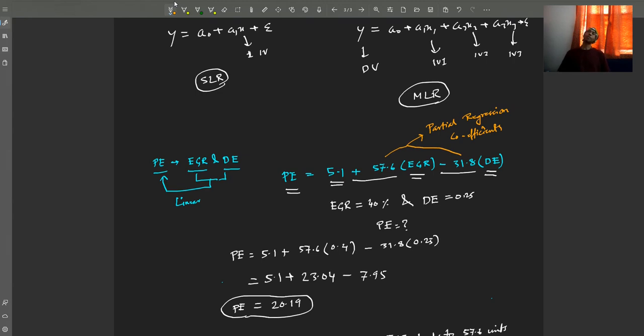If there were 10 variables like this, like EGR, DE, and other variables also like ROE and PB and etc., then if we are trying to explain PE with respect to EGR and 57.6, then all other factors have to be kept constant. So this has partial explanatory power. So this is called partial regression coefficient.